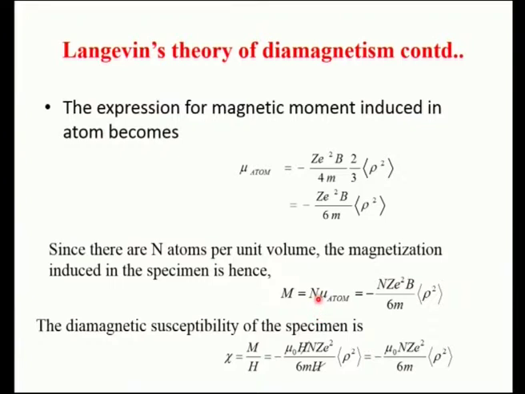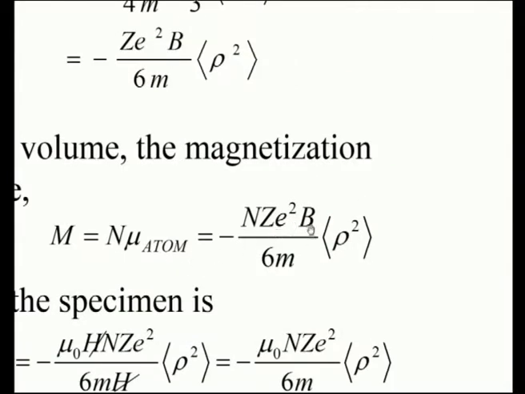And so if we have N number of atoms per unit volume, then magnetization by definition is given by the magnetic moment concentration in the material, that is the total number of magnetic moments along a particular direction per unit volume. So we get this quantity by taking the concentration of atoms and multiplying mu per atom, and so we multiply this quantity by N to get N Z square B divided by 6m into rho square, but a minus sign is here.